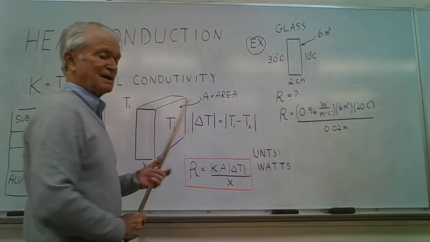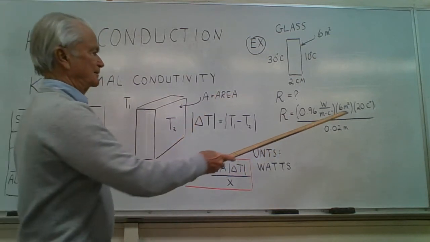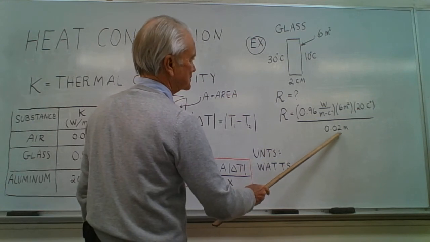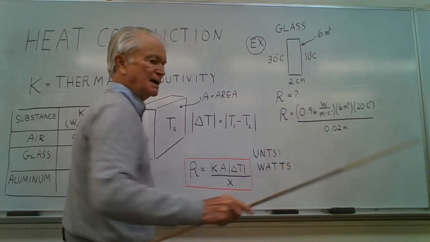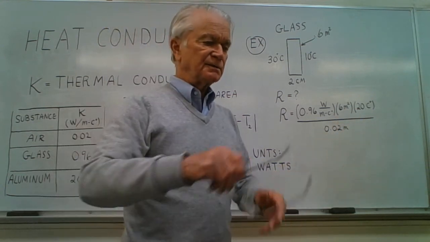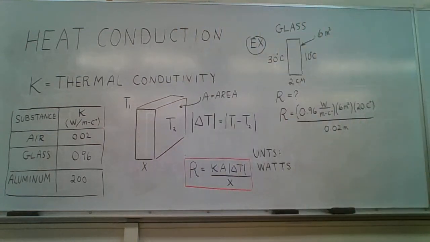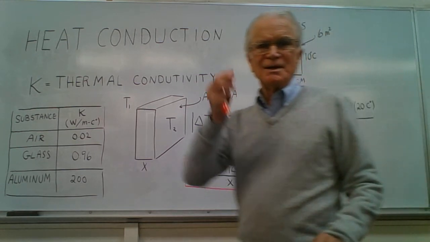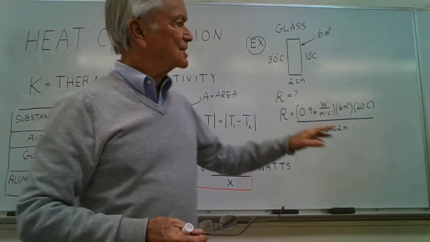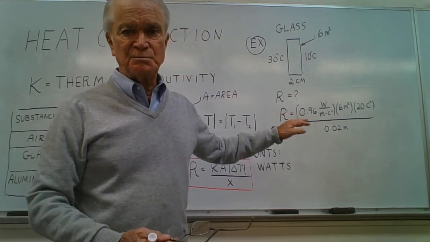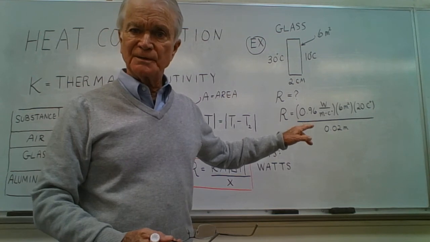The absolute value of that difference is just 20. And then we convert 2 centimeters into meters in this way. And the final result can be obtained, but first let's see if the units work out as they must. When the dust settles on this calculation, the final unit, the surviving symbol for units, better be watts, W.